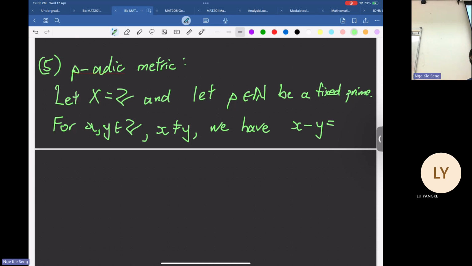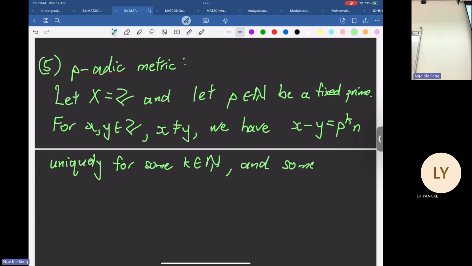But by the prime factorization theorem, you can factorize all the p out, and the rest, very uniquely, so x minus y equals p to the k times n, for some k in N and for some n in Z, where this n is no longer divisible by p. So we exhaust all the p factors. And we can do this because we have the prime factorization theorem.